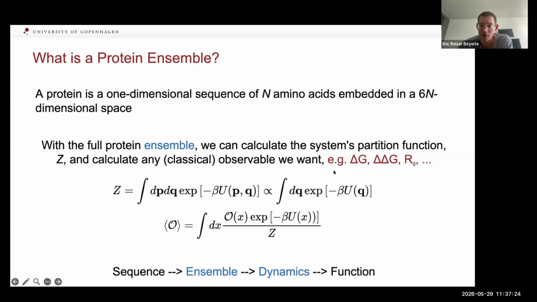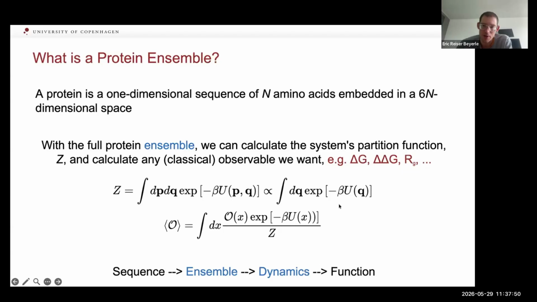The relation between a protein ensemble and this partition function is that the ensemble of the protein is basically all values of q it can sample. We want to calculate these Boltzmann factors, and if we have the entire ensemble of the protein and we know the energy function, we can get the ensemble.